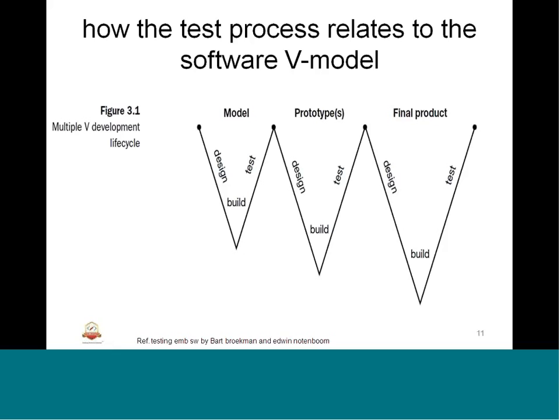Organizing the testing in the complex situation of a multiple V model is a bit of a complex task. Suppose the design is very tricky and we are not sure the build is going to work in the prototype. Accordingly, the test process will also be a bit complicated. So how are we going to manage this? The test manager needs an overall picture of the relevant test artifacts, activities and issues.